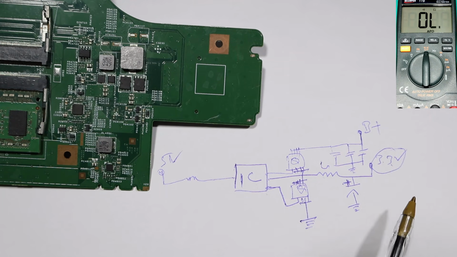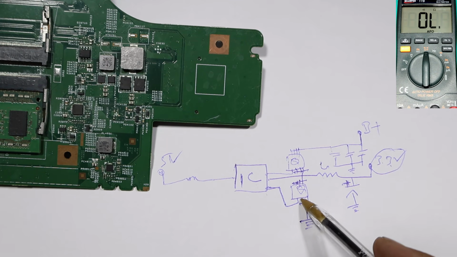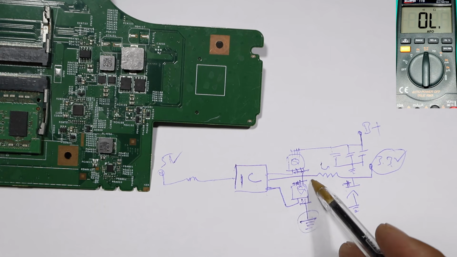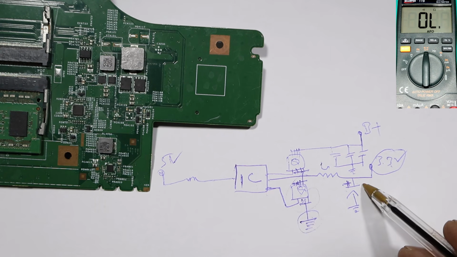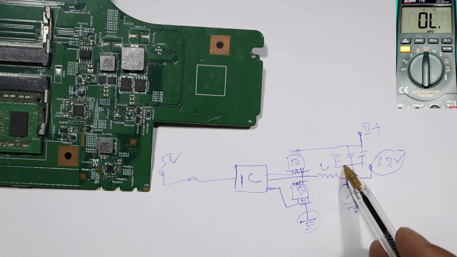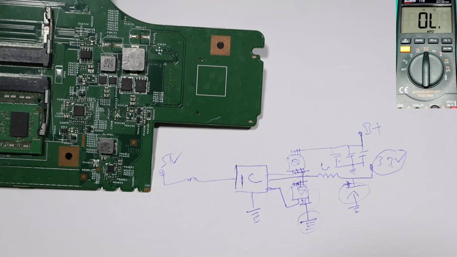But here we have a short in this side for 3.3 volts. So the short, basically we have to focus on components that are connected to the ground, like this MOSFET, the lower MOSFET, this capacitor here, and also those capacitors over here, and also of course the IC. The IC also is connected to the ground.